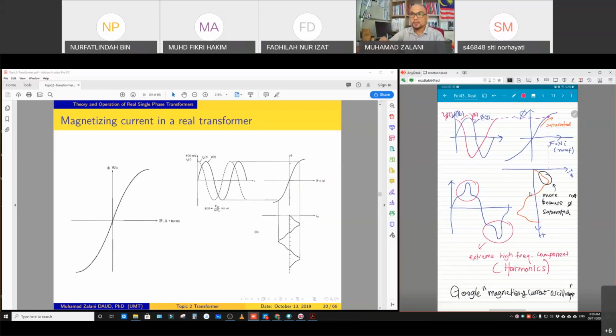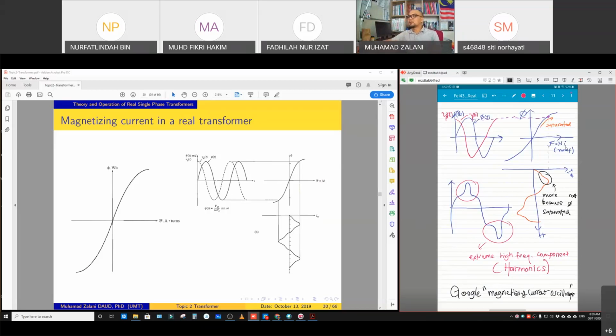So actually, the current function is not pure sine. It's not a fundamental sine function, but has more high frequency harmonics.